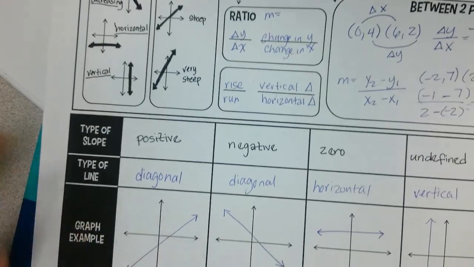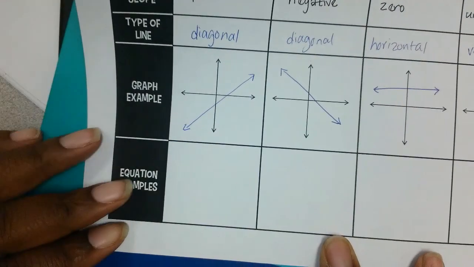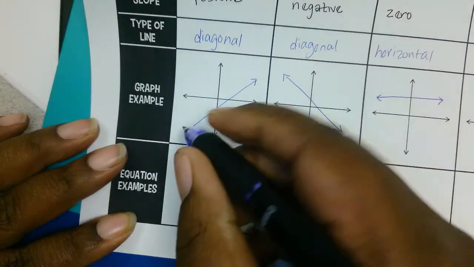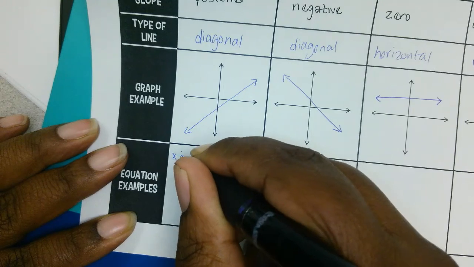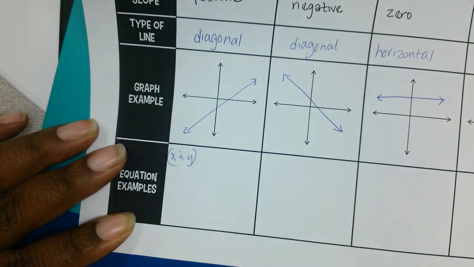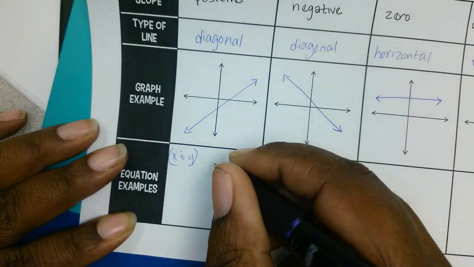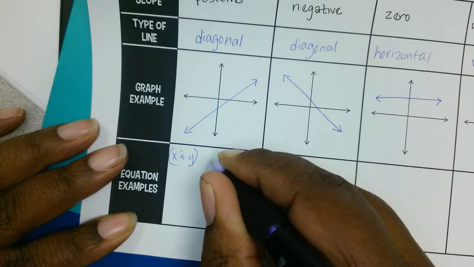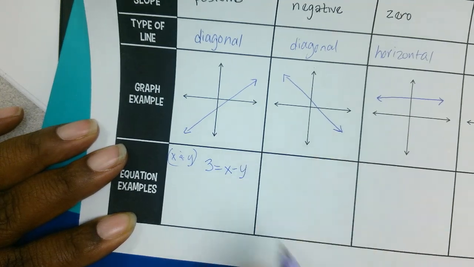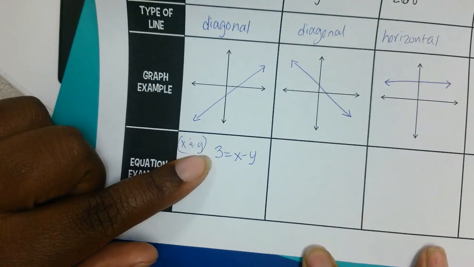Now this last part is asking us to find slope from an equation. Well, if I have a slope, I have to have both an x and a y in the equation. So let's say that my equation was 3 is equal to x minus y. Well, this equation is not in slope-intercept form, so I want to put it in slope-intercept form.